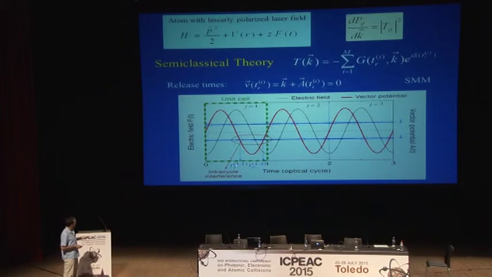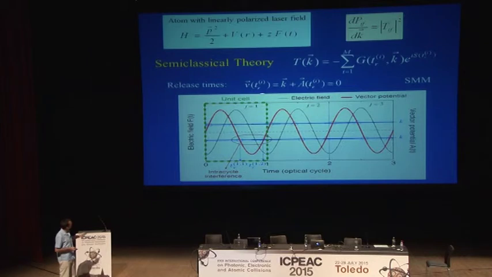The early release time, here marked with a circle, and the late release time, here marked with a triangle. The separation in time of these two slits is less than half a laser period. And for an infrared laser, this is less than 1 femtosecond.